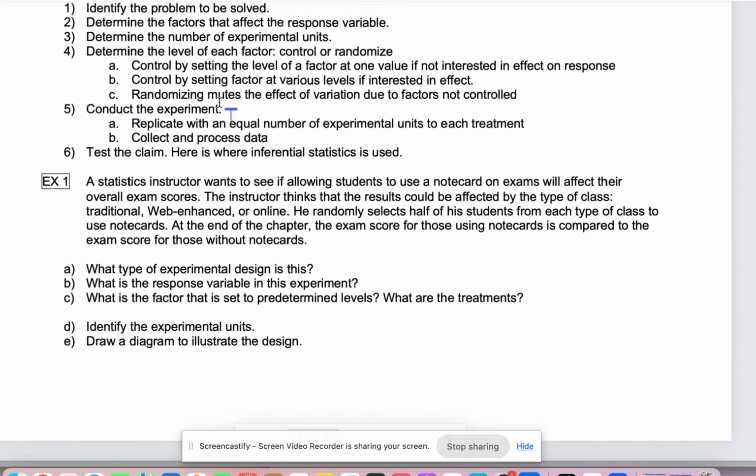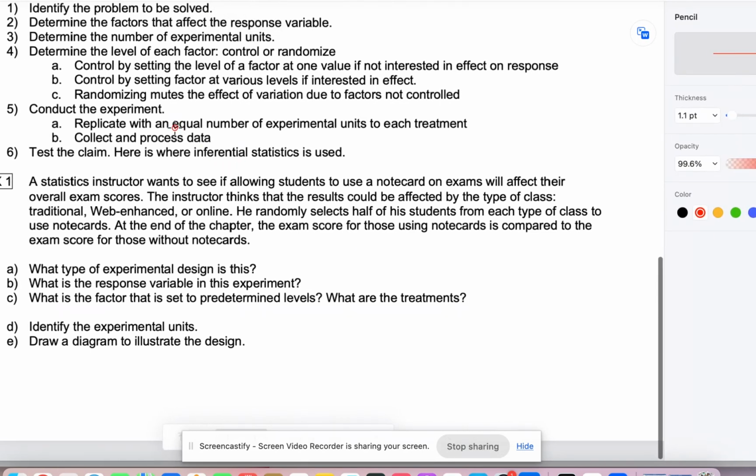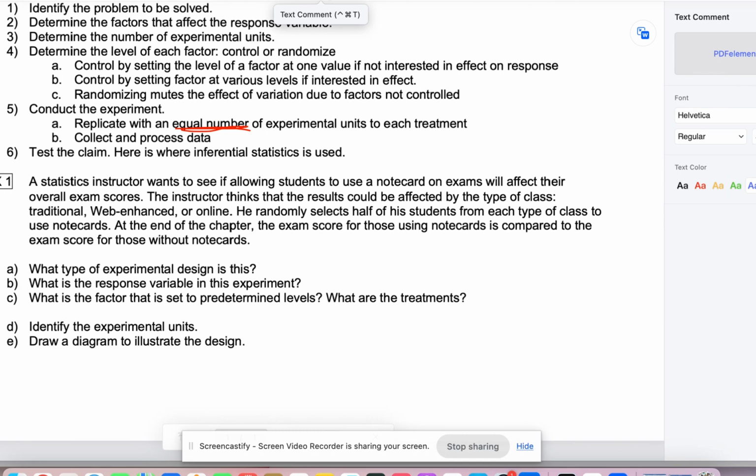When we conduct the experiment, we need that replication. Equal number. When it says equal number here, it doesn't have to be perfectly equal. If you are doing an experiment and you have 1,000 subjects, 1,000 is a pretty big number. If you have 5 more subjects in one group than another, that's a very small difference when compared to the sample size.